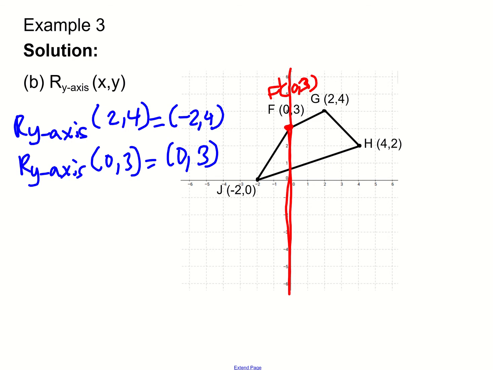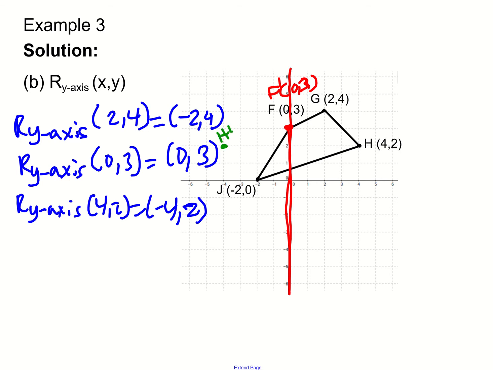All right, so now let's look at the reflection about the y-axis of G, which is (2, 4), of H, which is (4, 2). That'll just be (negative 4, 2), and you get the idea. And so now H prime will be at (negative 4, 2). So this is going to be H prime, and I'll use a different color there just to distinguish between those two.